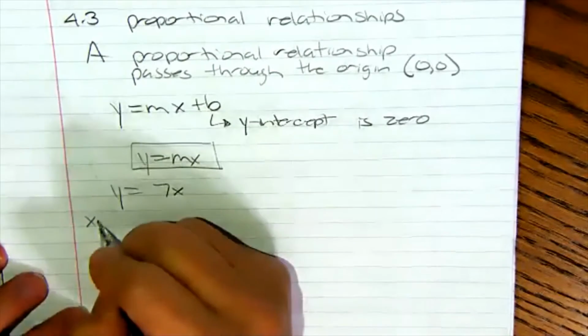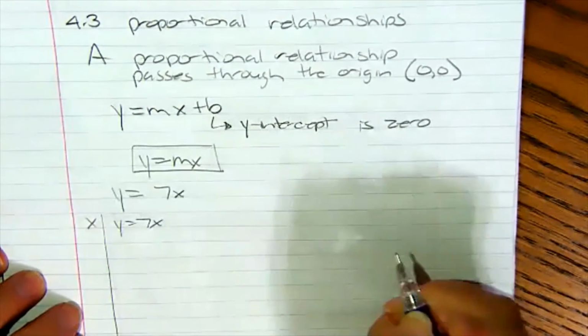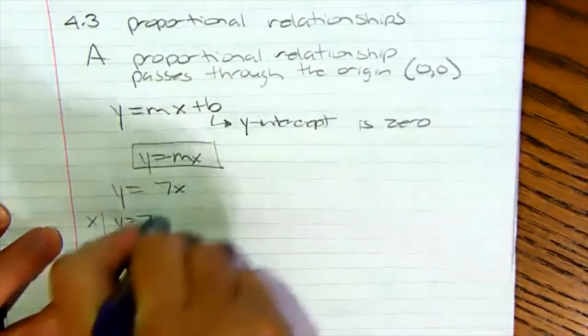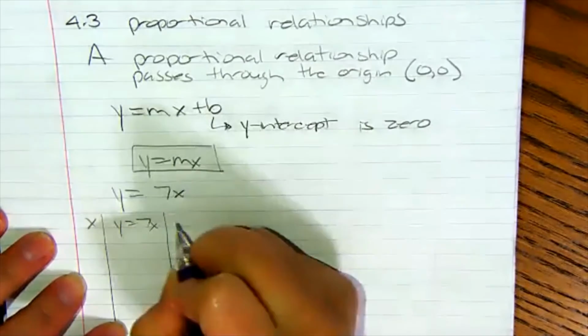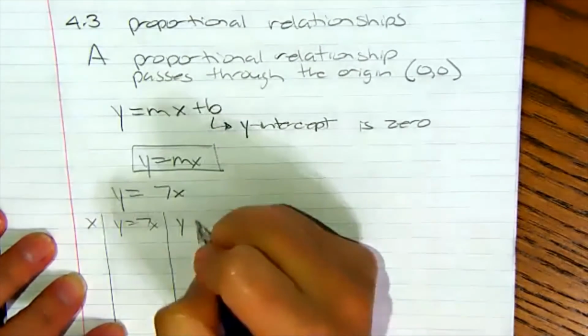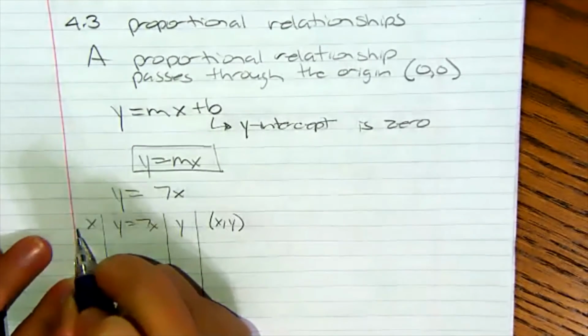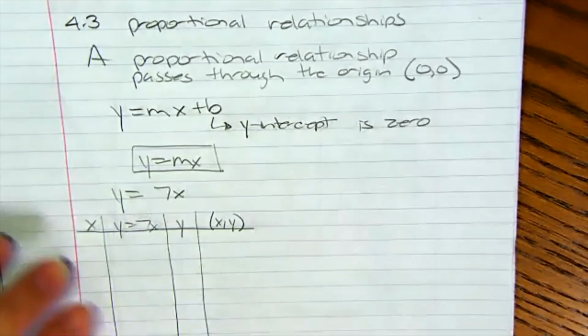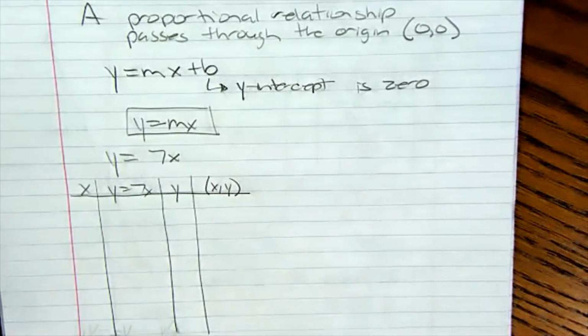Okay, let's create our table. X, y, our equation y equals 7x, and then our ordered pairs. So just like before, I need a negative, a 0, and a positive.